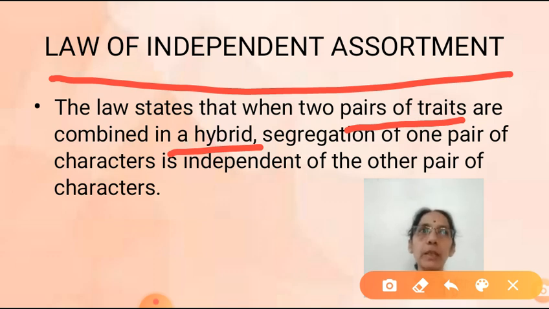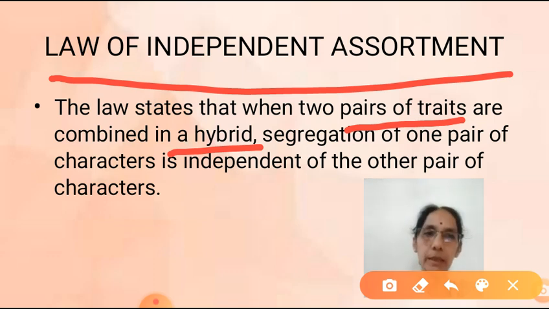What are the two pairs we have combined? Round yellow and wrinkled green. Okay, this law states that when two pairs of traits are combined in a hybrid, so we have crossed round yellow with wrinkled green, and in the F1 generation we got round and yellow.